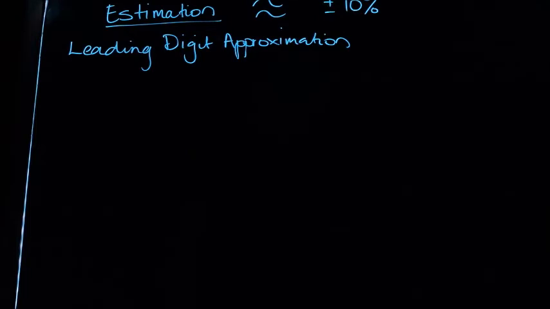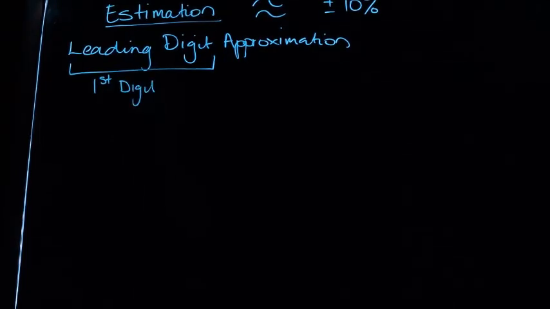Okay, recording in 3, 2, 1. I've just cleaned the board and I wanted to talk about leading digit approximation. This is an important part here. We're talking about the first digit.